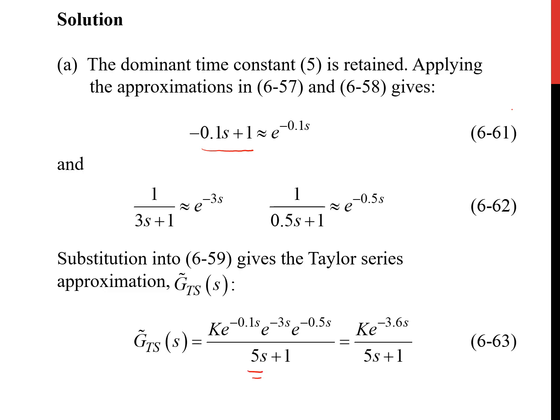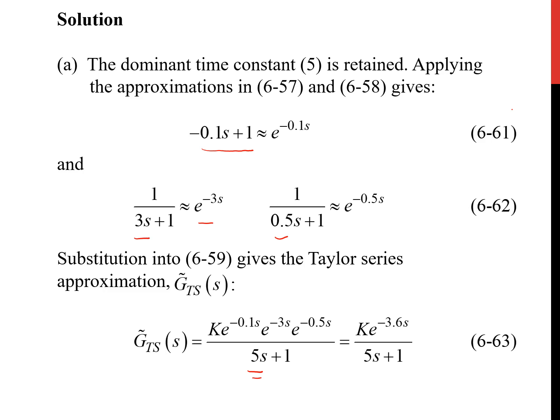The other two time constants, 3s plus 1 and 0.5s plus 1, can be converted into time delay. So 1 over 3s plus 1 is equivalent to exponent negative 3s, and the 0.5 is equivalent to negative 0.5s.